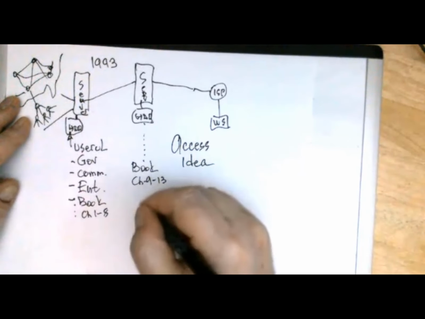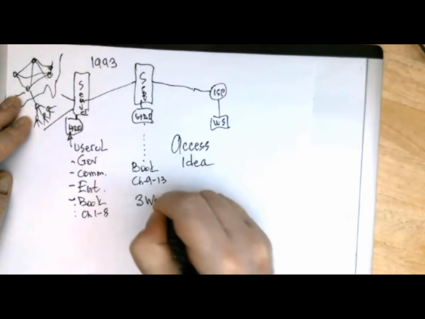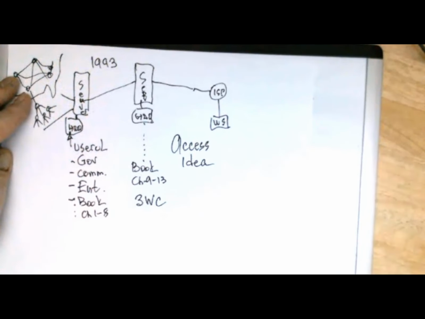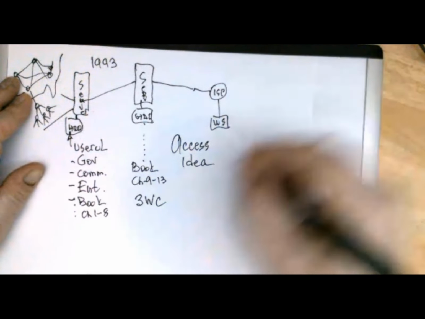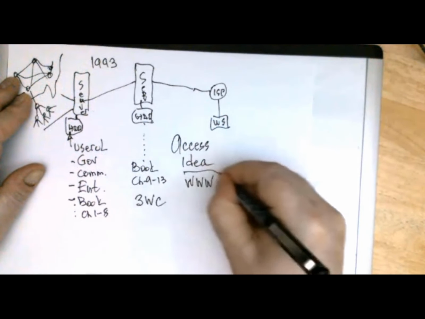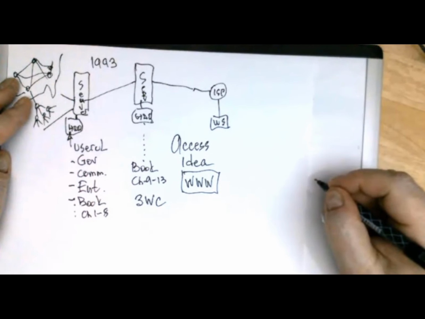And so they created a consortium named W3C, World Wide Web Consortium. And they said, let us create something that will be named World Wide Web. World Wide Web is not the internet. It is different.